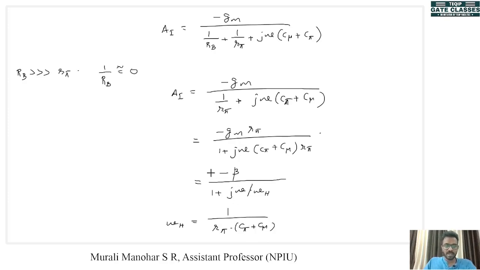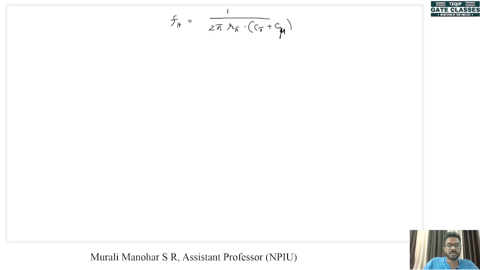Now this AI equal to minus beta divided by 1 plus j omega divided by omega h, this is the equation of a low pass filter, where its cutoff frequency is omega h equal to 1 by R pi into C pi plus C mu, or in frequency terms it can be said as Fh is equal to 1 by 2 pi into R pi into C pi plus C mu.